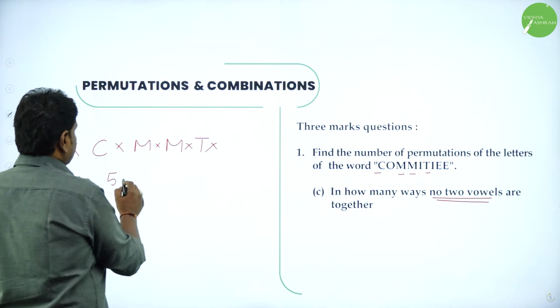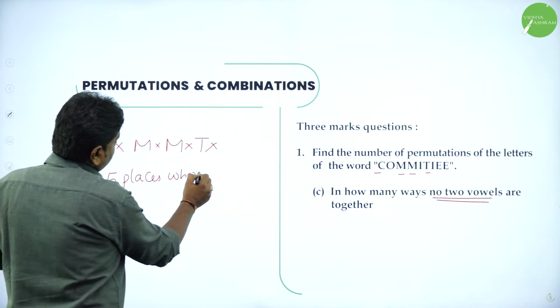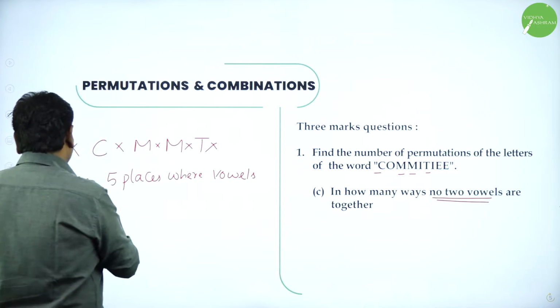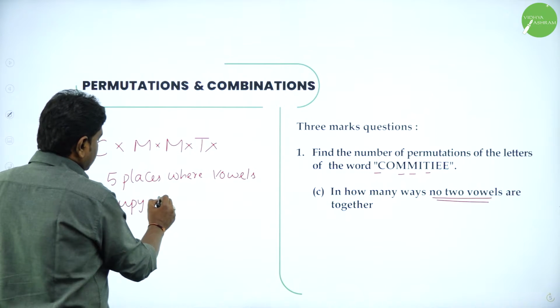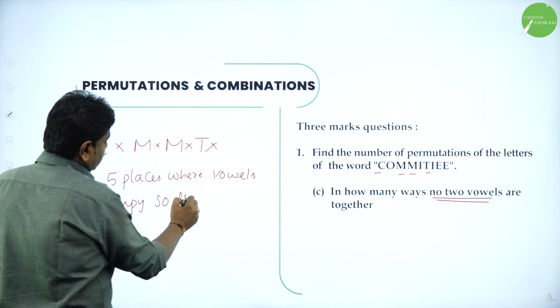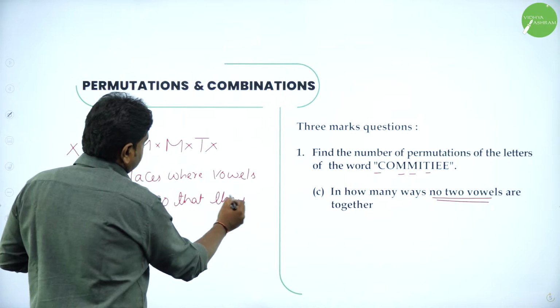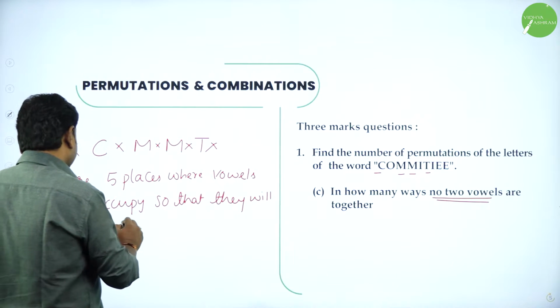There are 5 places where vowels can be filled, so that they'll not be together.